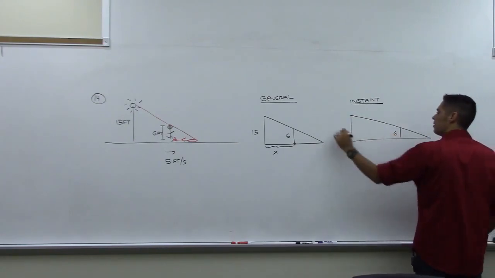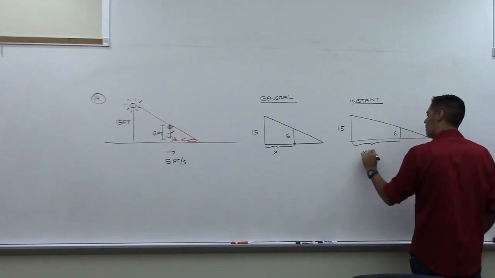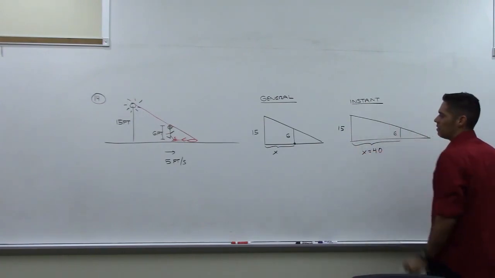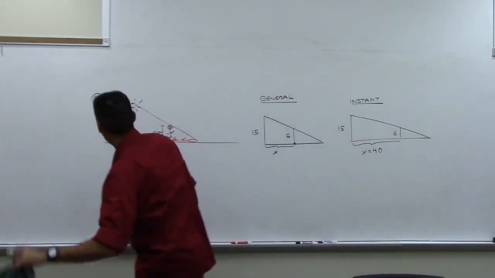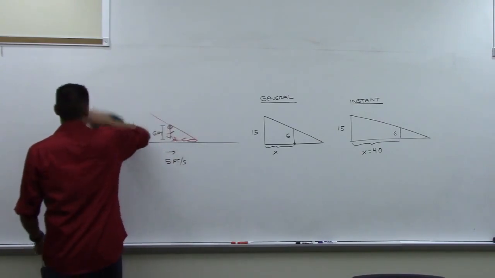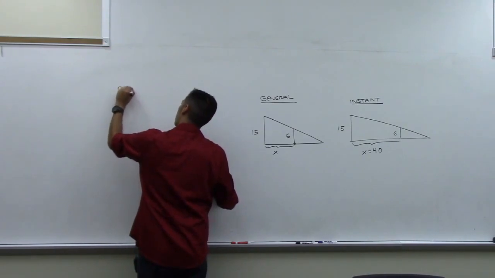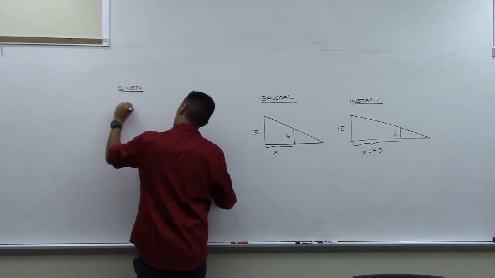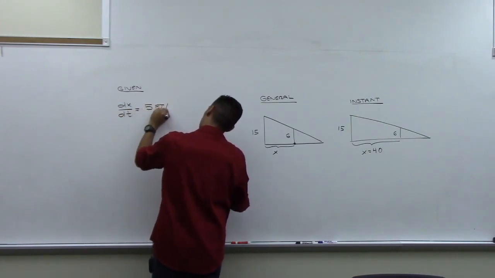Here's 6, here's 15, but the distance from here to here is 40. So now it's fixed, all right? What we're given in the problem is the speed at which he's moving, which is the speed at which x is changing. So we're given dx/dt is 5 feet per second.